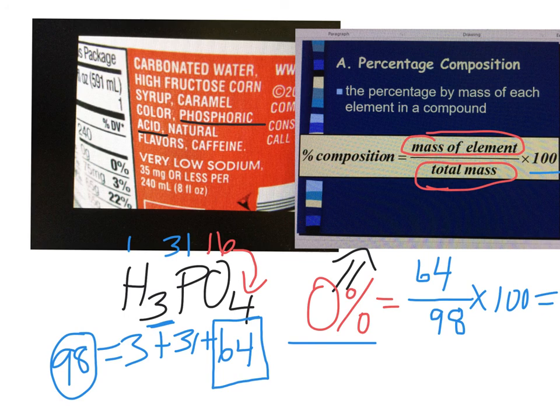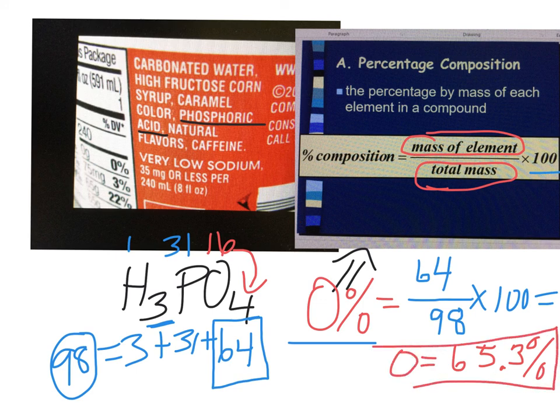So here I get 65.306. So in other words, 65.31 or just 65.3%, and this is of oxygen. And this is your percent composition. Okay, and you can do that with any product at any time.